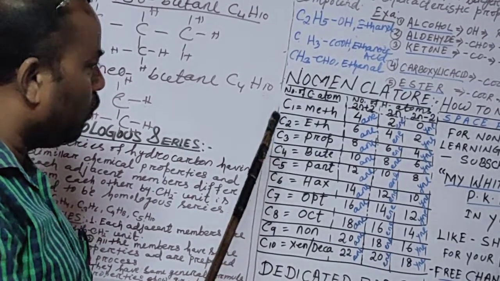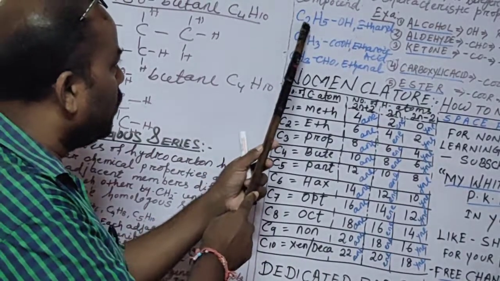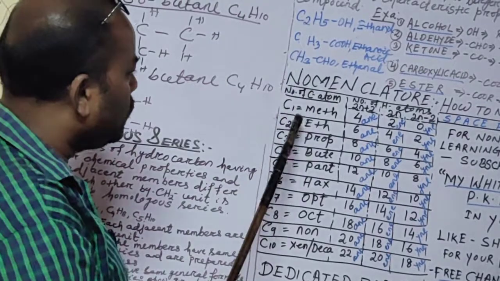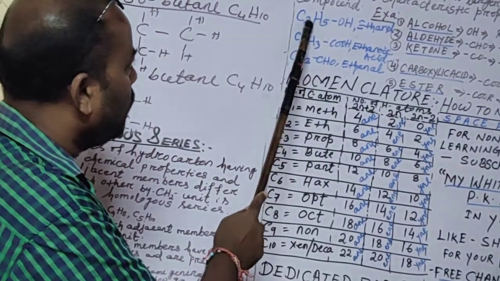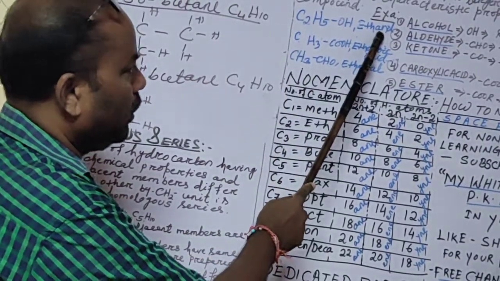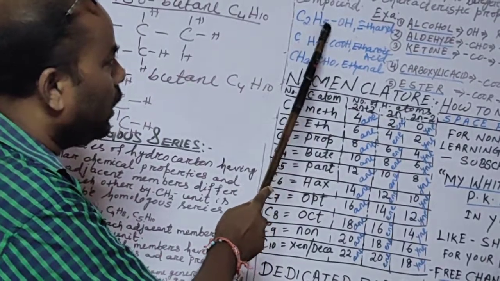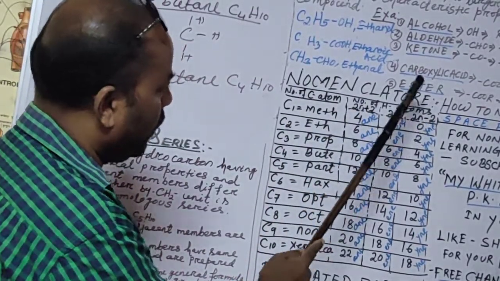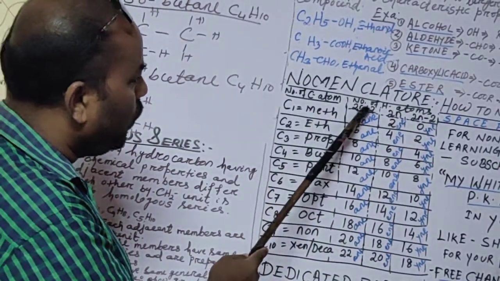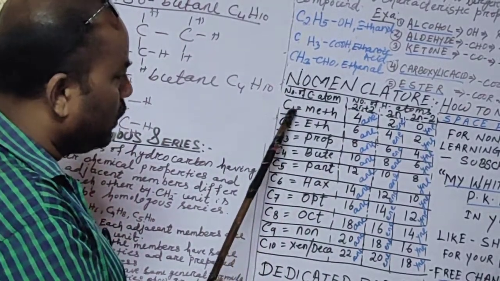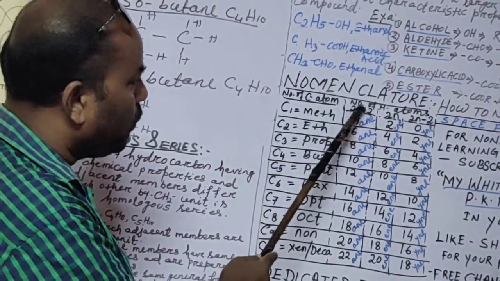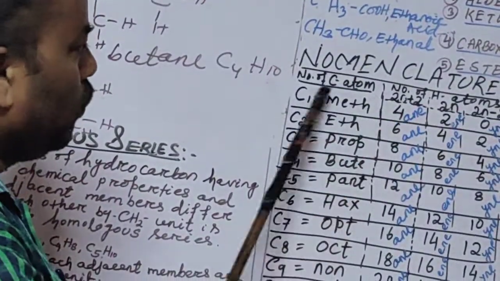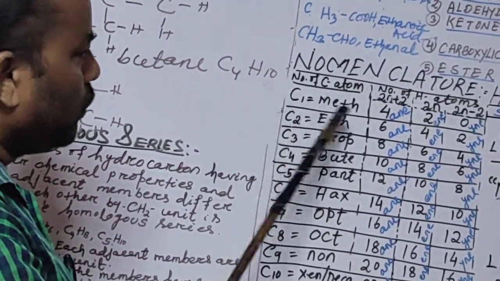Suppose a compound is given with C2. C2 means eth, so we start from eth. Then we see how many hydrogens there are. There are 3 conditions. If hydrogen follows 2n plus 2, suppose n is 1, then hydrogen will be 2 into 1 plus 2, which is 4.